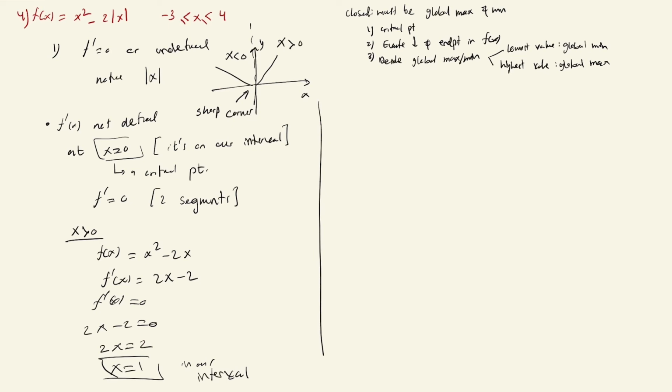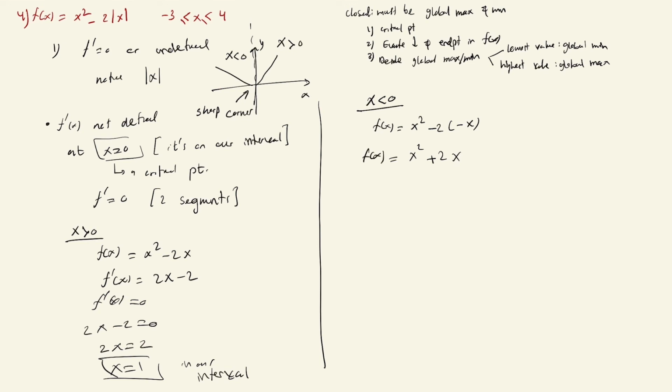And then in case x is less than 0, our function f of x is going to be x squared minus 2 times minus x, since the absolute value of x on that side is negative.